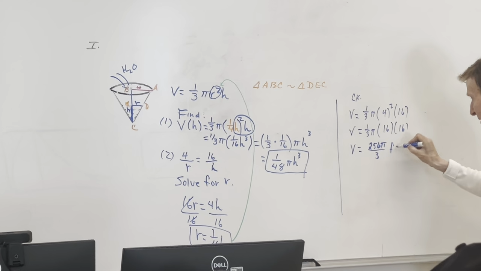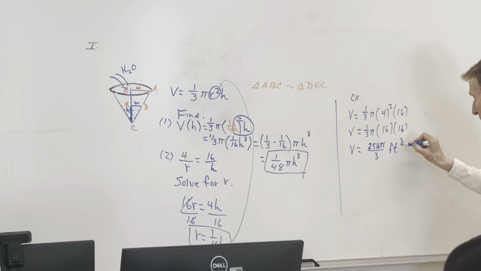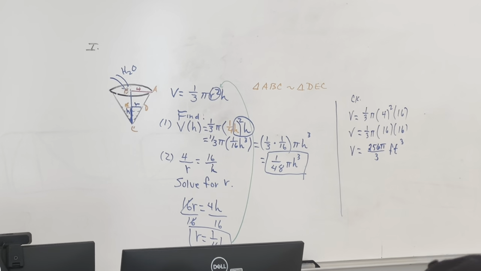Let's say this is feet. I'm not going to ask you to multiply pi times that. Just do it like that, 256 pi over 3 cubic units. That's how much that cone would hold.